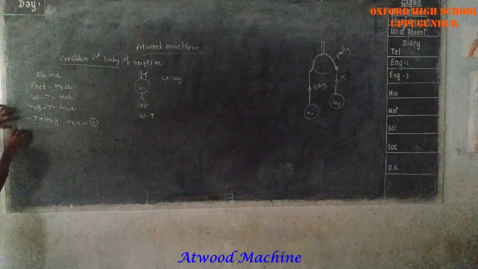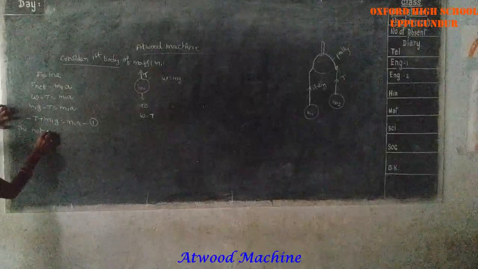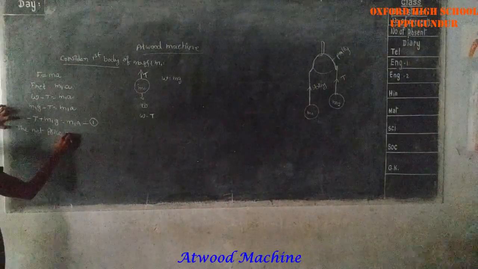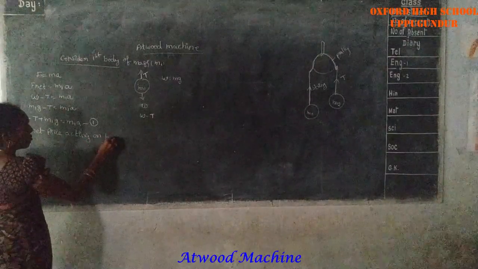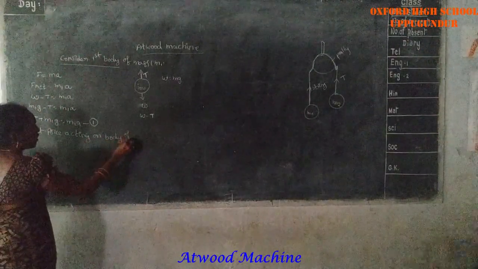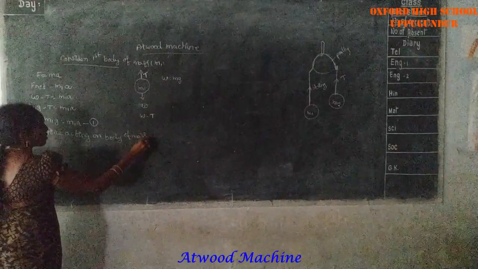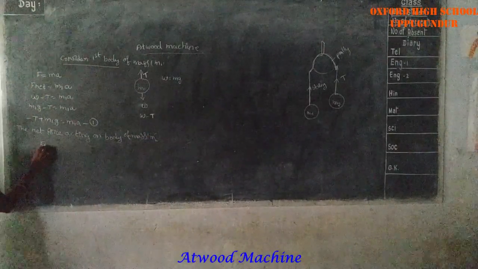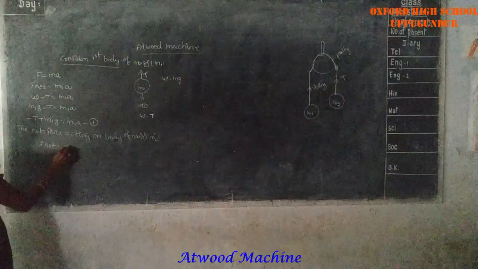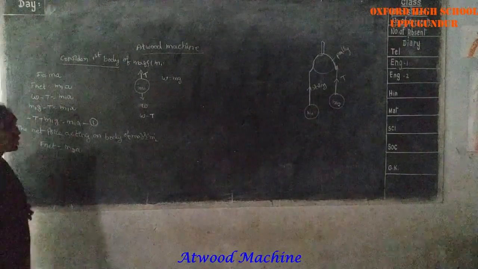See the next one, the net force acting on the body of mass M2. Here also F net is equal to M2a. Now listen carefully.